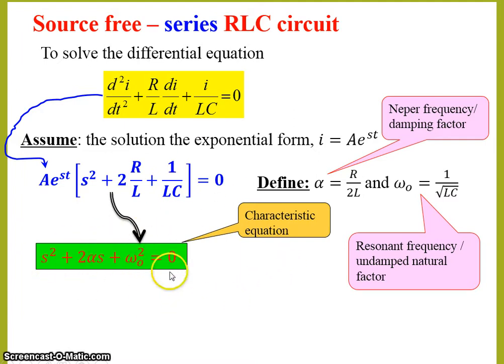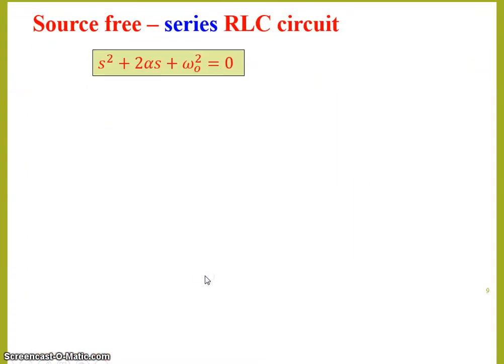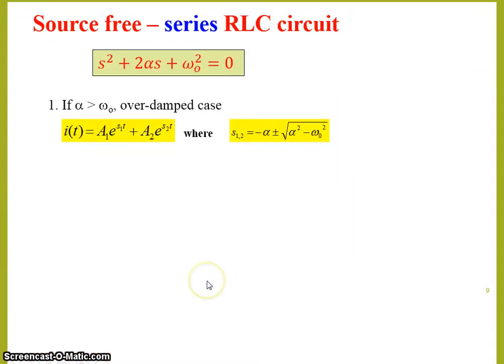This equation decides the nature of our RLC circuit. The RLC circuit behaves in three ways, and that behavior we can come to know by this characteristic equation. Let's see what those three categories are.